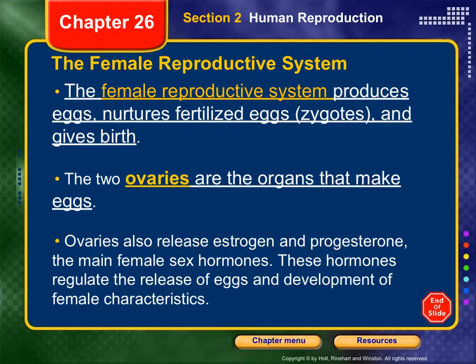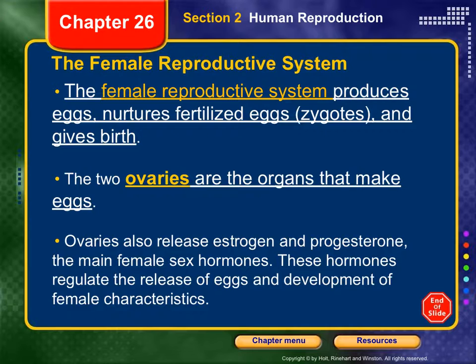Just like the male, there are a lot of similarities between the male and female reproductive systems. Just like the male has two testes, the female has two ovaries. If you notice, the testes were outside of the male body, and that has to do with temperature regulation because the sperm can't get too hot. And then the ovaries are inside the female reproductive system.